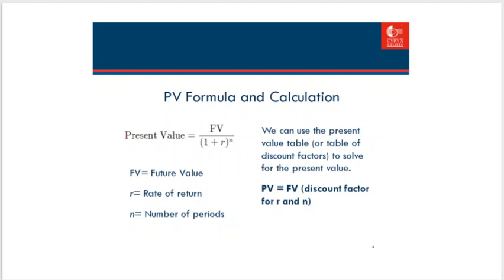Present value equals future value divided by open bracket 1 plus R, close bracket, to the power of N, where R refers to the rate of return and N refers to the number of periods. There are two ways to calculate present value. First, we can use that formula, or second, we can use a table. How to use tables? Let's go to the next slide.